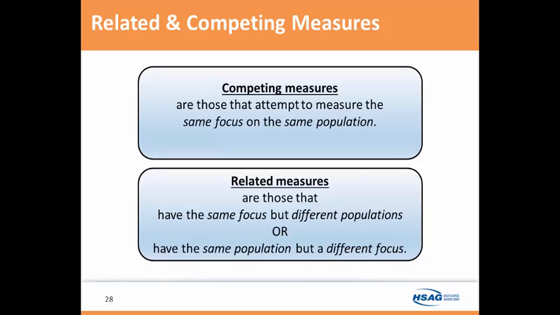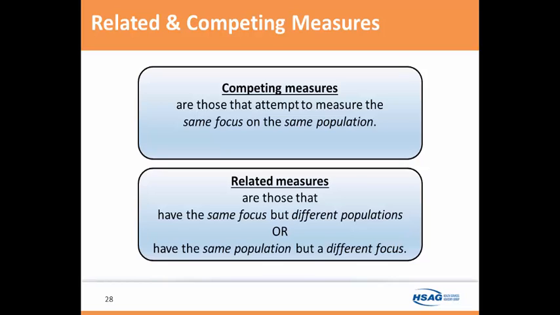For example, the focus is on readmissions and the population is pediatric patients. Since a pediatric readmission measure already exists, a new pediatric readmission measure would need sufficient justification as to why another one is needed. Without such justification, a program could just adopt the existing measure for measuring pediatric readmissions.